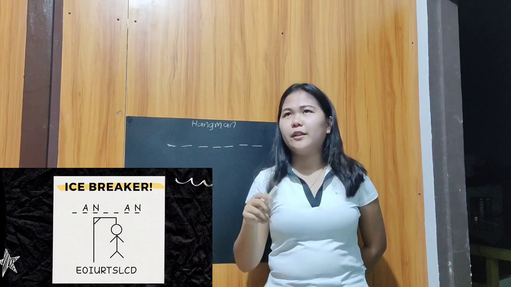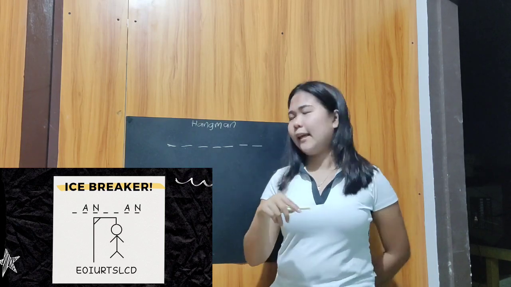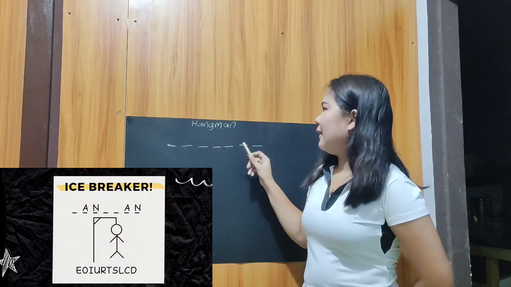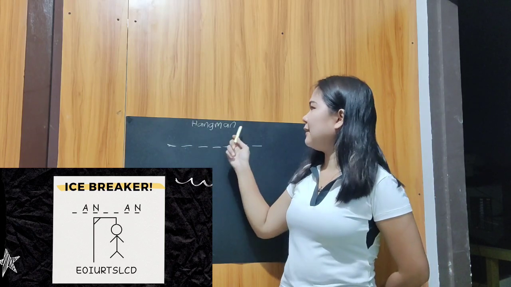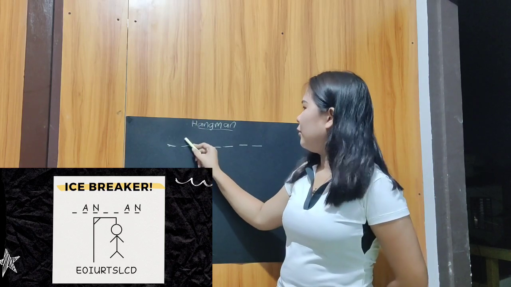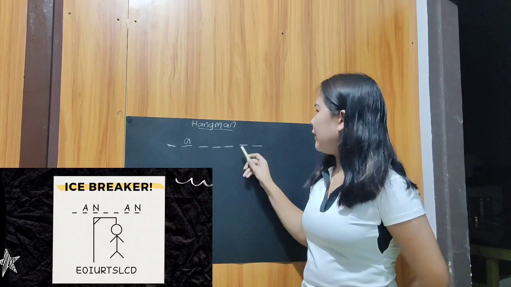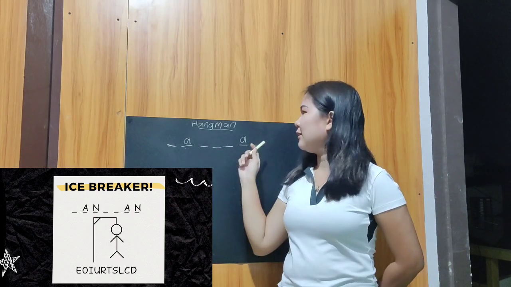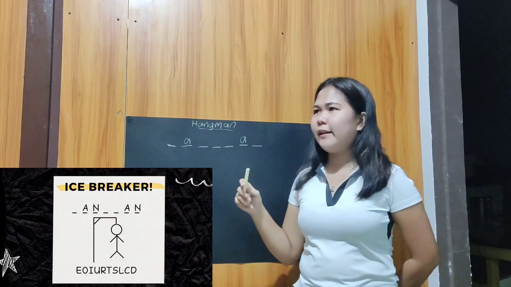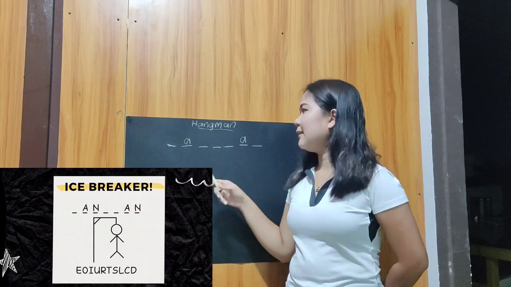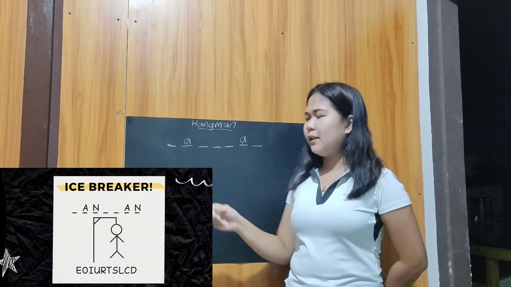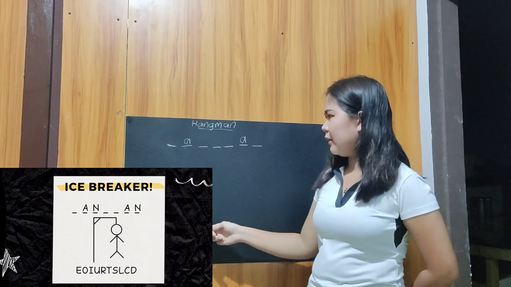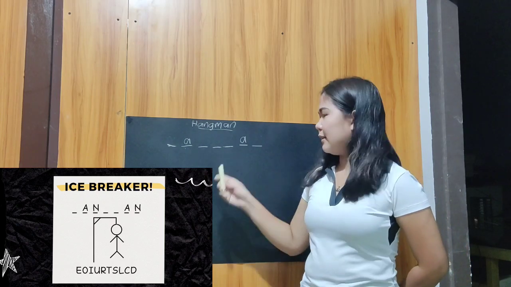So for example, you said letter A. Letter A is in this word hangman. Yes, so we will put this A and then here A. So this is correct. And whenever you say a letter that is not in this word, the letter that is said will be put below this.